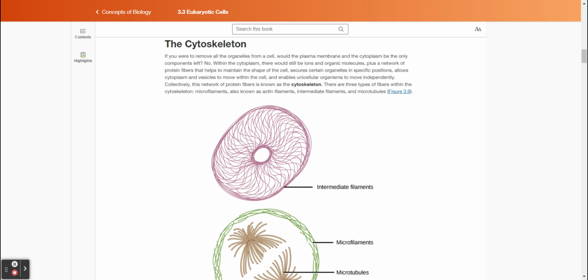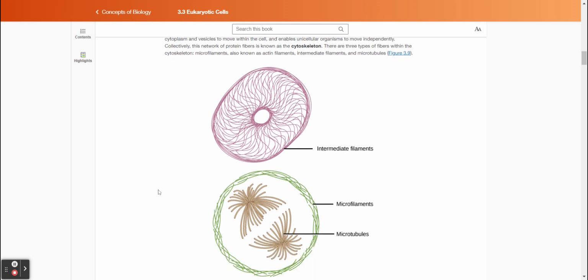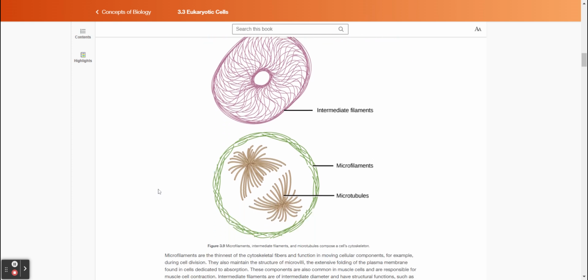There are three types of fibers within the cytoskeleton: microfilaments, also known as actin filaments, intermediate filaments, and microtubules. Figure 3.9. Microfilaments, intermediate filaments, and microtubules compose a cell's cytoskeleton.